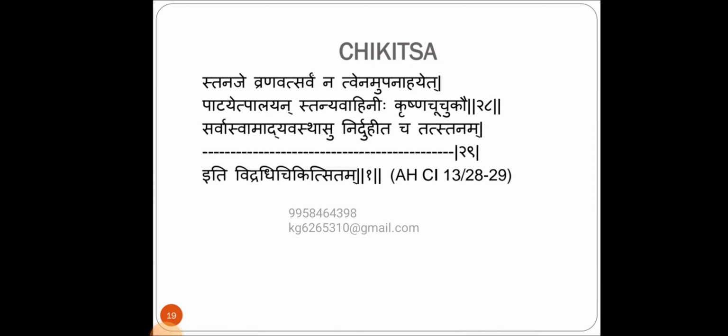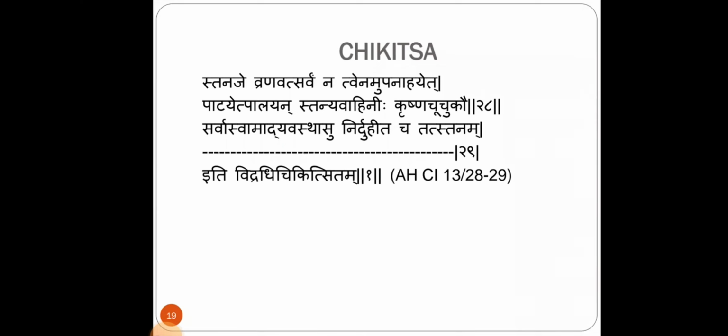Why is it told except Upanaha? Because if Upanaha is done, there is a chance that Kotha of the Sthana can take place. So to avoid that, it is told that except Upanaha, the Apatarpanadi Ekadasha Upakrama can be advocated in Ama and Pachyamana avastha.